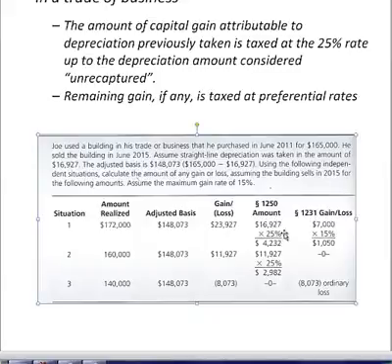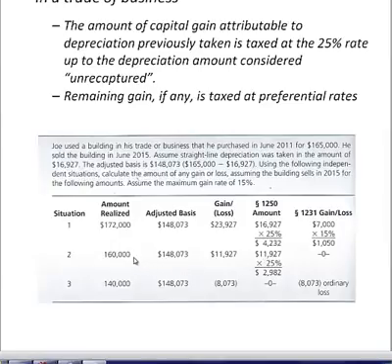That's going to be taxed at 25%. It doesn't get any preferential tax treatment. The amount in excess of the depreciation, so if we took $23,927, the total gain, and subtracted $16,927, the amount of the depreciation, then we get the amount of the gain that gets the preferential tax treatment. So $7,000 is going to be taxed at a lower rate of 15%.